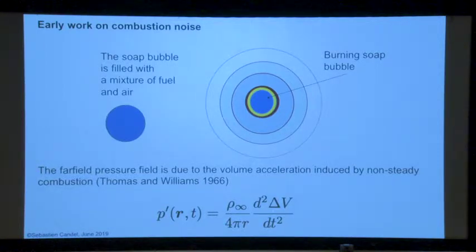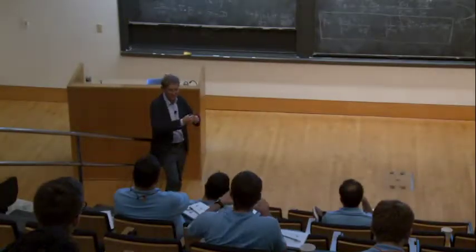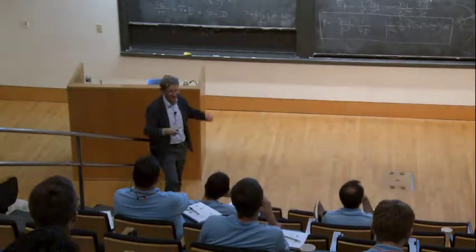The early theory that was proposed, by Thomas and Williams in those years, is that it's the volume acceleration produced by the burning. As you burn, there is volumetric expansion, and this produces a sound wave.